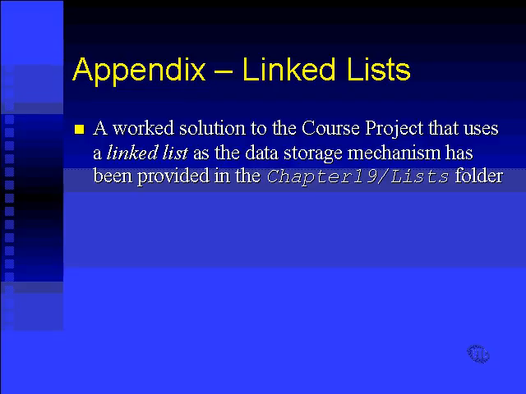I have written over the years, I guess, a set of generic, completely generic linked list routines. And I've just amalgamated them into the course project. So I'm not going to go through this with you line by line like I did with everything else. I'll just leave it for you in the chapter 19/lists folder, and you can go and have a look and see how it works.